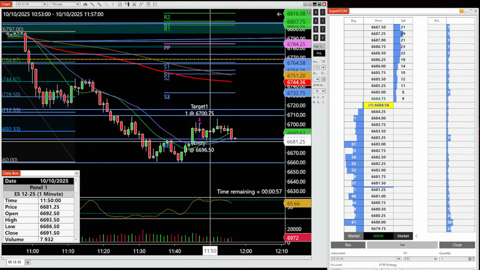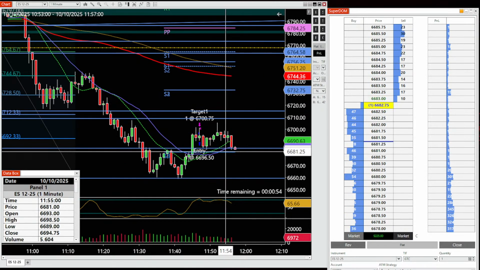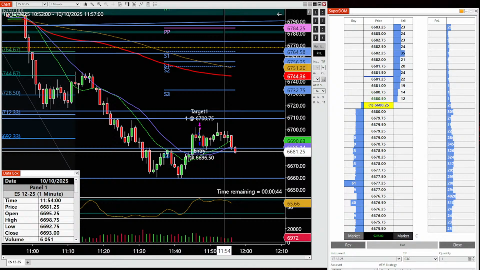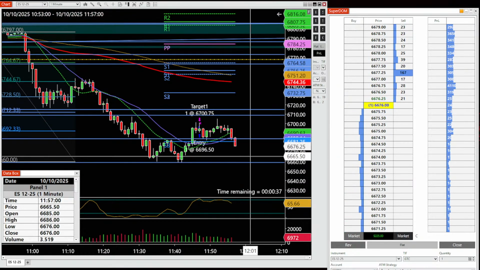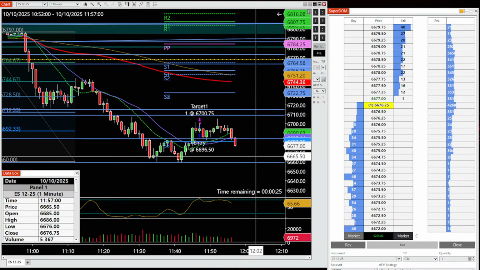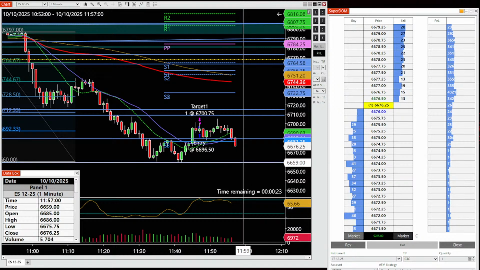Could have some support at 82 or this R3. Maybe this thing is just dumping today, so I don't know where it's gonna stop. You're actually down 100 points right now on the ES. It looks like it may want to keep going to the low.